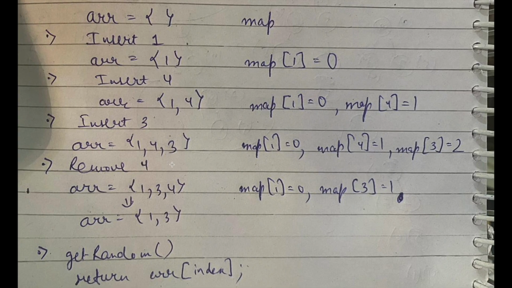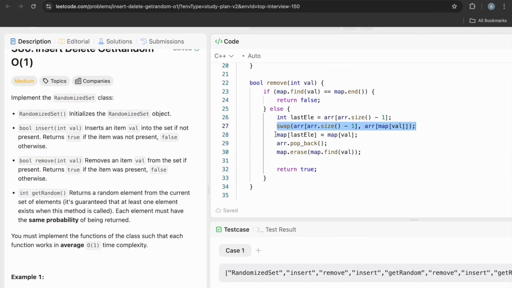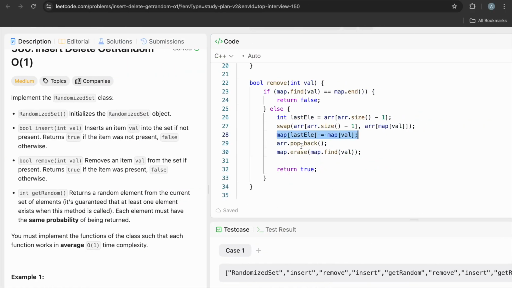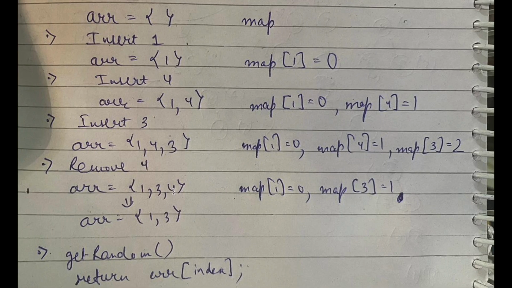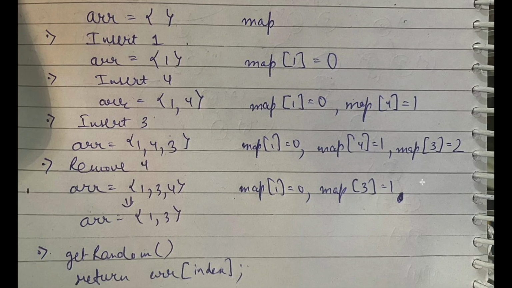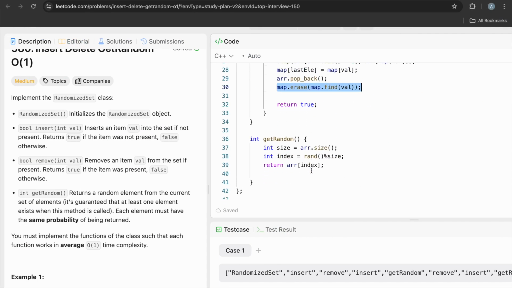So here 3 will be swapped with 4, and then we'll update the map with the last element value. So map of 3 will become 1, and then we will remove the last element from the array. So here 4 will get removed, and then we will also remove the value 4 from the map. And finally we'll return true. So this is the code of this remove function.